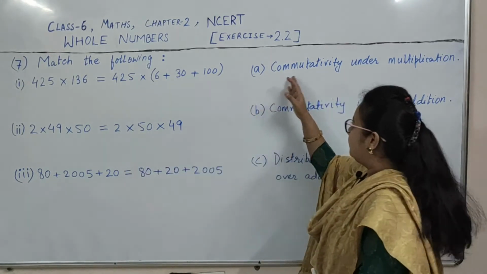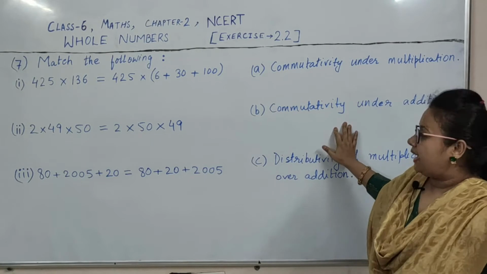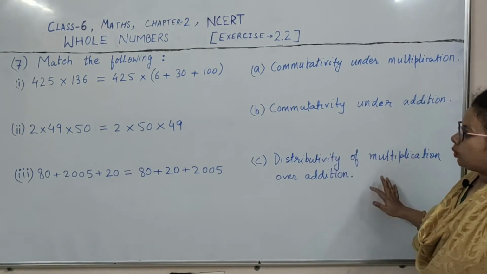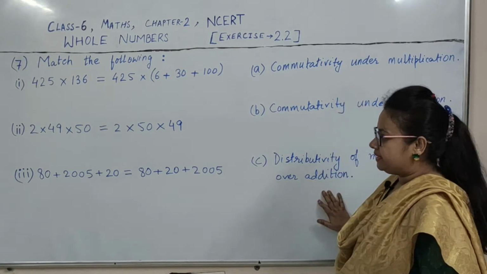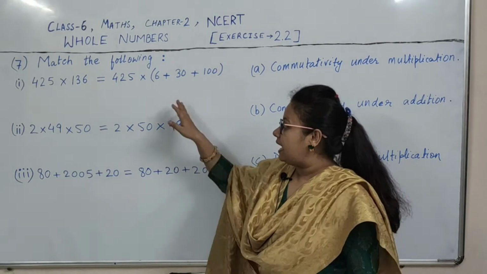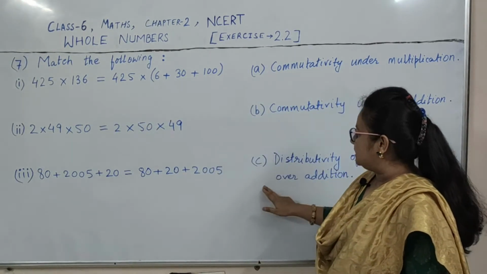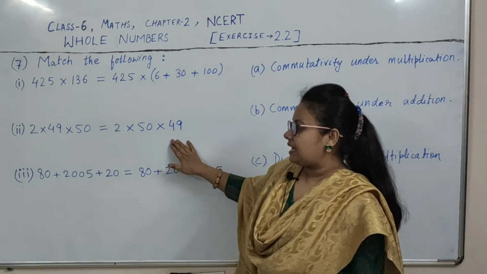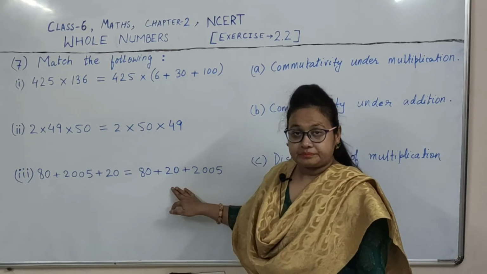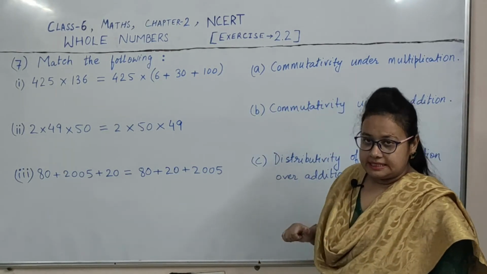Here are the names of the properties: commutativity under multiplication, commutativity under addition, and distributivity of multiplication over addition. These are the three properties used in these three calculations, but we have to match which of these properties is used in which calculation.